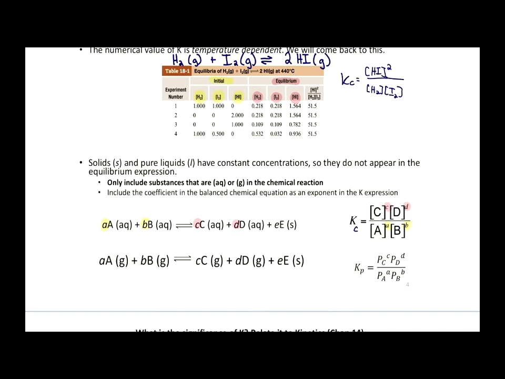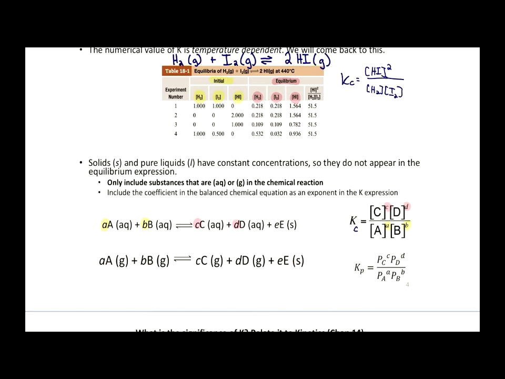All right. And so you see here, here's Kp. P means pressure, so you want to focus on gases. So C and D are gases, they have pressures. Put those partial pressures in your Kp expression. But does substance E have a pressure? Nope, it's a solid, so it gets left out.